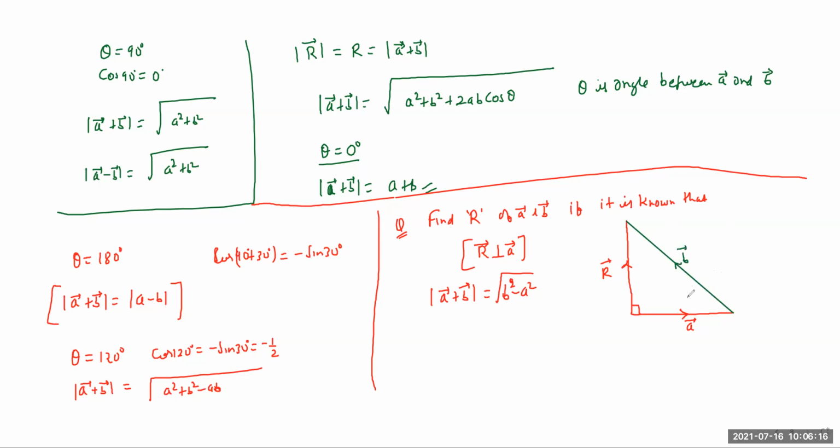And therefore, because it's a Pythagoras triangle, we can write B square equals R square plus A square, and if you solve, this is pretty easy. Here the hypotenuse is B. In fact, the resultant is perpendicular to the smaller of the two sides. That's the theorem. You can always remember that if the resultant of the two is perpendicular, then it is always on the smaller side, not on the bigger side. So B square is R square plus A square. So R is what you said, which is correct.